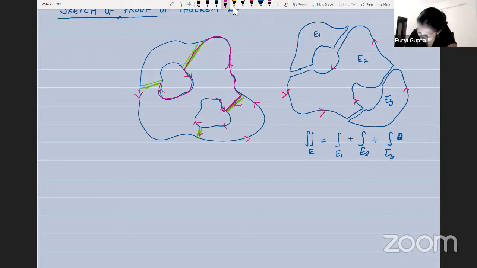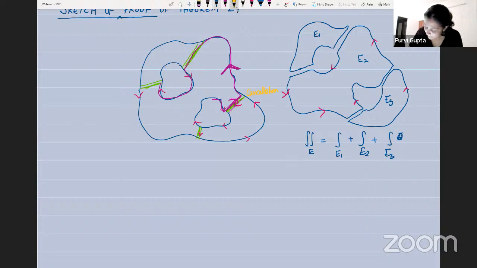That has to be counterclockwise. It is already counterclockwise over here. But when I come to this part, I get an opposite arrow like this. So these two opposite arrows, they are not going to, in the end, contribute anything because they're going to cancel each other out. So when I make these cuts, the integral along these cuts, when considered as part of the two different pieces, they cancel each other out. So there is cancellation here along this cut.